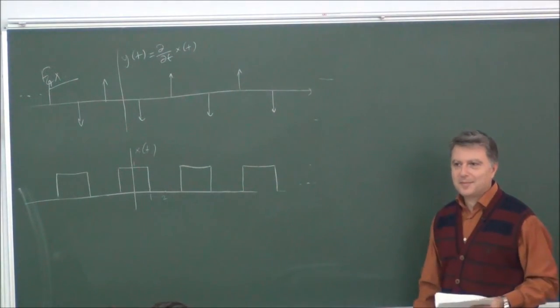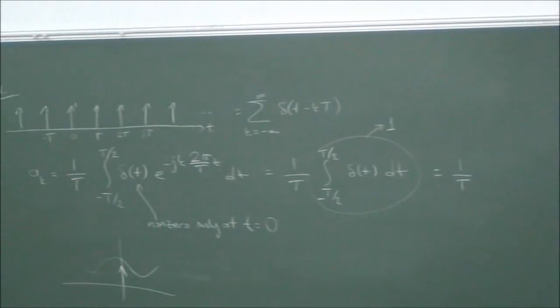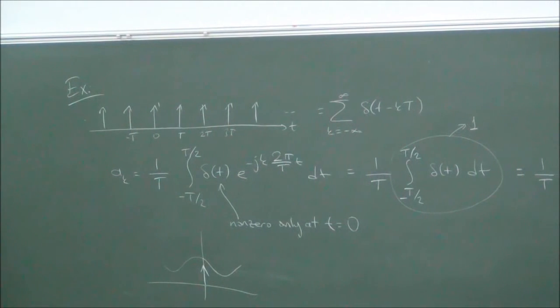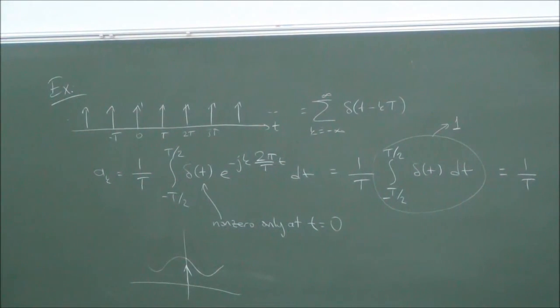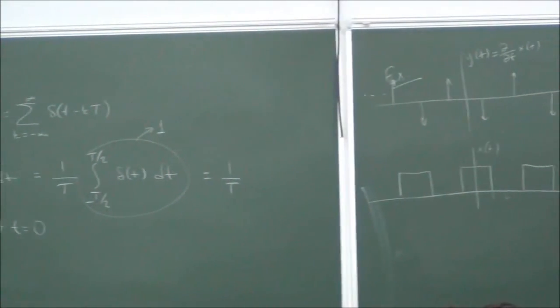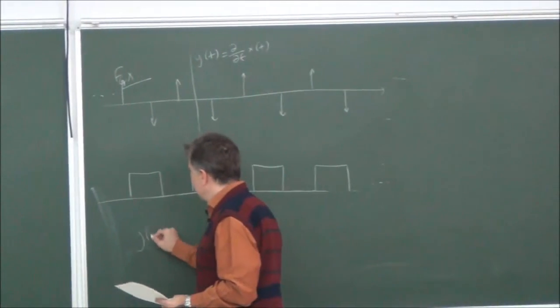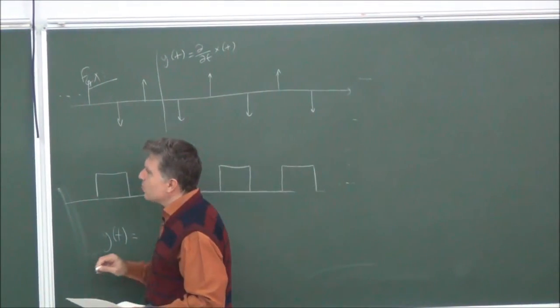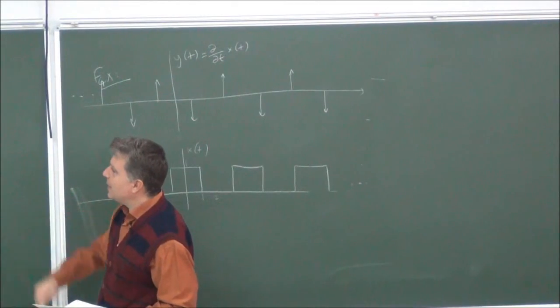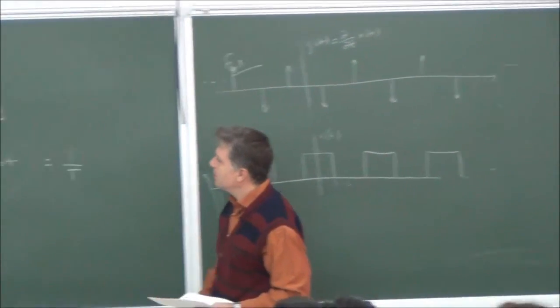Are they the same? Can you find, or can we find the same thing? That would be a very inspiring exercise. First, let's try to write y of t in terms of the impulse train. We didn't give a name to this impulse train in the previous example yet.